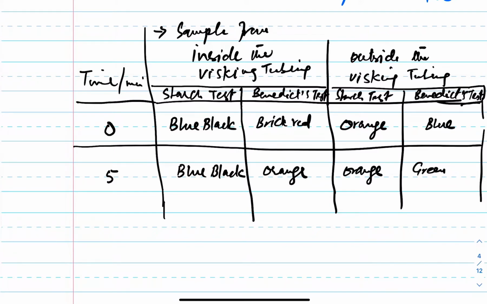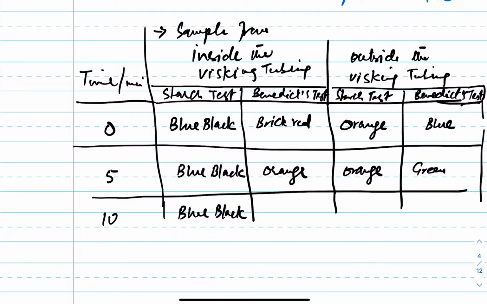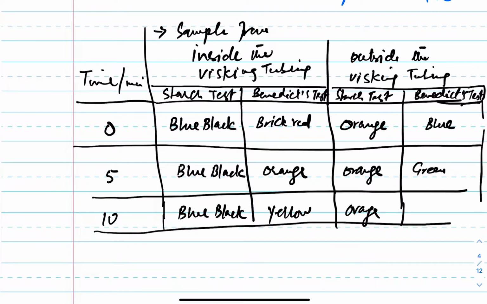After 10 minutes, this was blue-black, and this may be yellow, this is orange, and this is yellow again. So from these observations, we can conclude that the starch has not moved out of the whisking tubing.